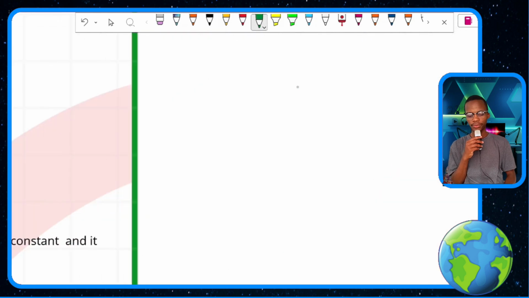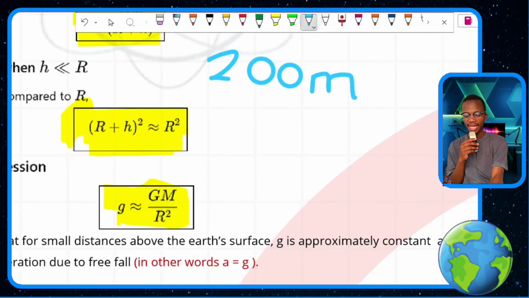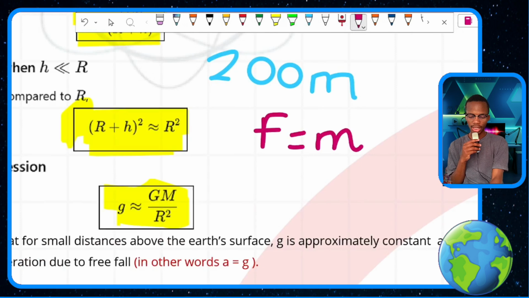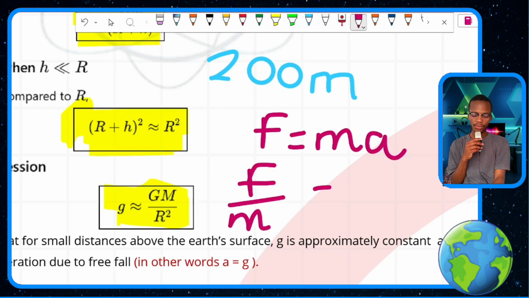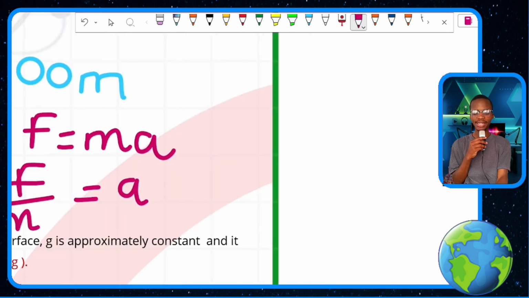Essentially we know that F is equal to ma. And the force per unit mass is going to be the acceleration. But the value of g, as we've defined it, is actually the force per unit mass.